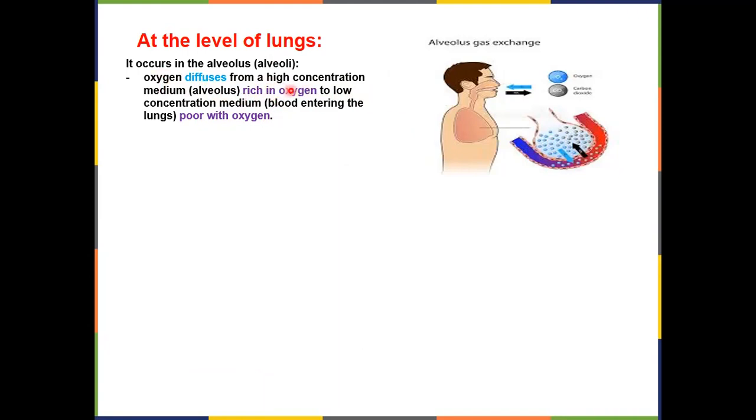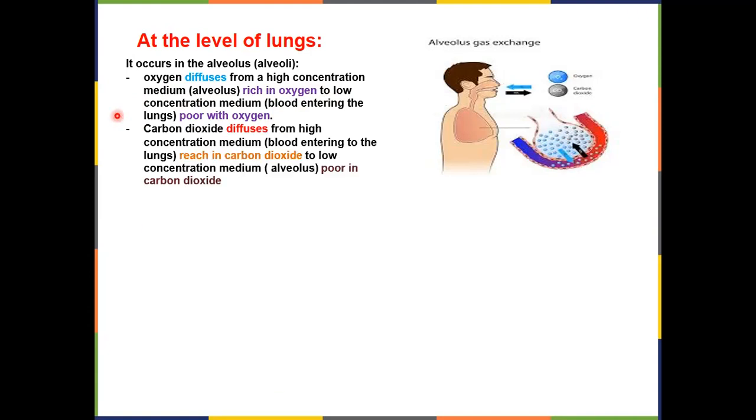Oxygen diffuses from a high concentration medium, the alveolus, rich in oxygen, to a low concentration medium, blood entering the lungs, poor in oxygen. Carbon dioxide diffuses from a high concentration medium, blood entering the lungs, rich in carbon dioxide, to a low concentration medium, the alveolus, poor in carbon dioxide.